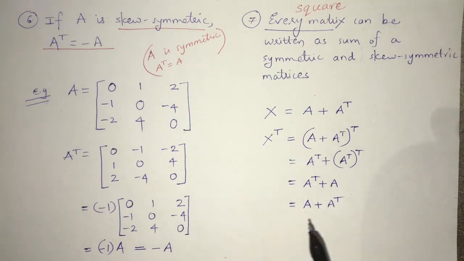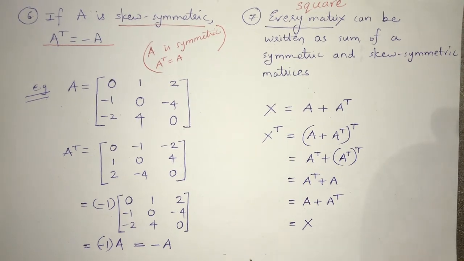Whether you take A transpose plus A or A plus A transpose, both are the same. And then finally I come to the conclusion that X transpose is same as X.